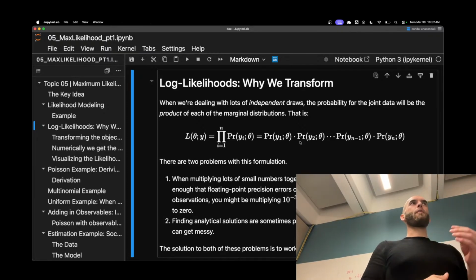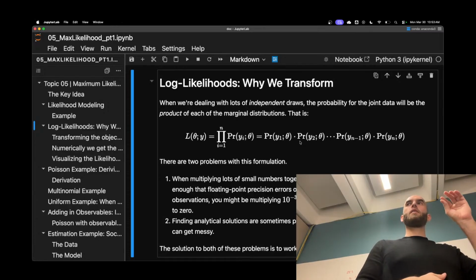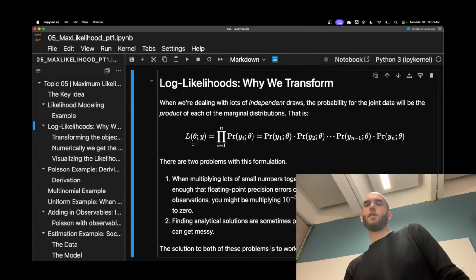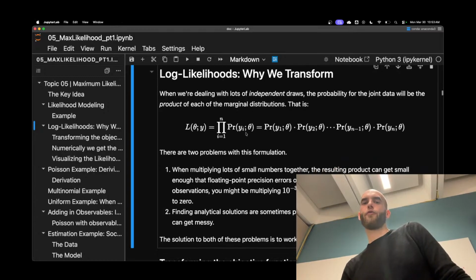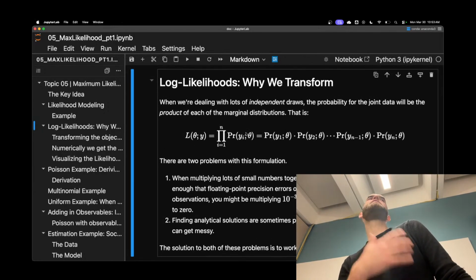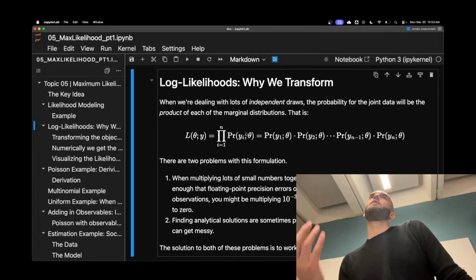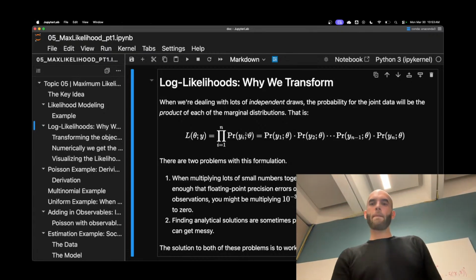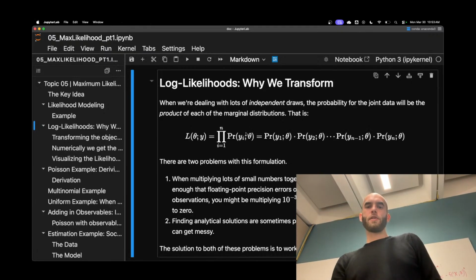Because each one of these probabilities is less than 1, the larger our data, the more unlikely any one of these outcomes will be. So the likelihood will be smaller when we have more data. This is not a deep insight. It's just that if there's more data, there's more ways our data can go. Okay, any questions here?